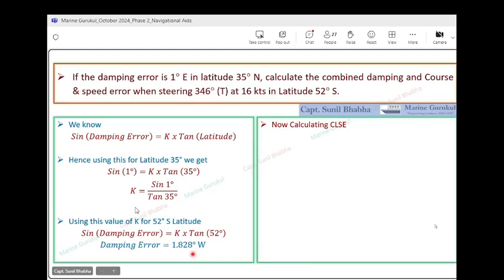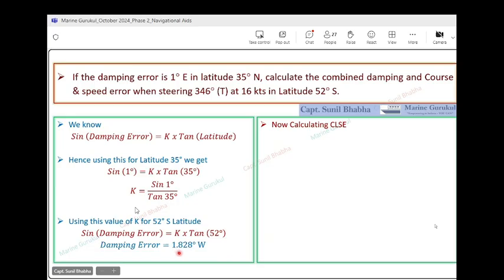Now calculating these values, you can go up to say about 3 places after the decimal. Practically on board we use the information only up to accuracy of 1 place after the decimal. So that is the maximum resolution which may be required practically. But in these numerical questions, just to get an exact or accurate answer, you can go up to 3 places after the decimal.